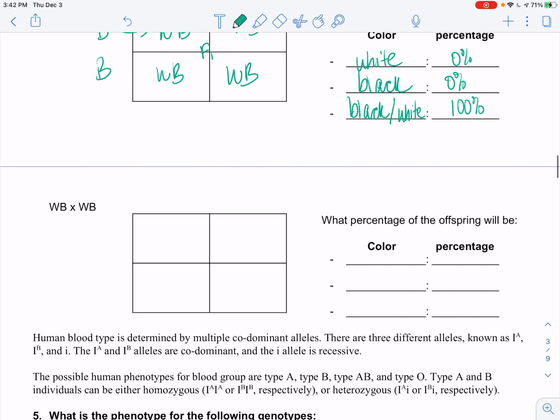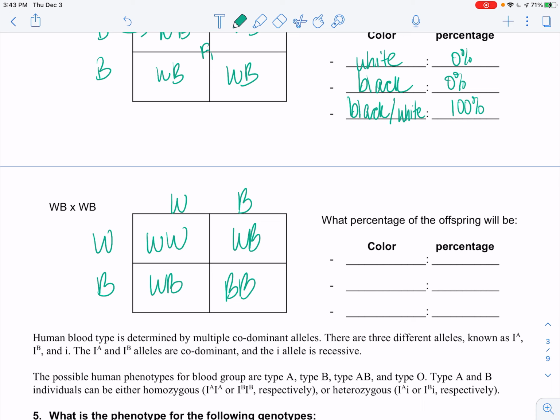All right, I want y'all to pause and do this one on your own. All right, so we had 2 heterozygous black and white chickens because it's codominant.